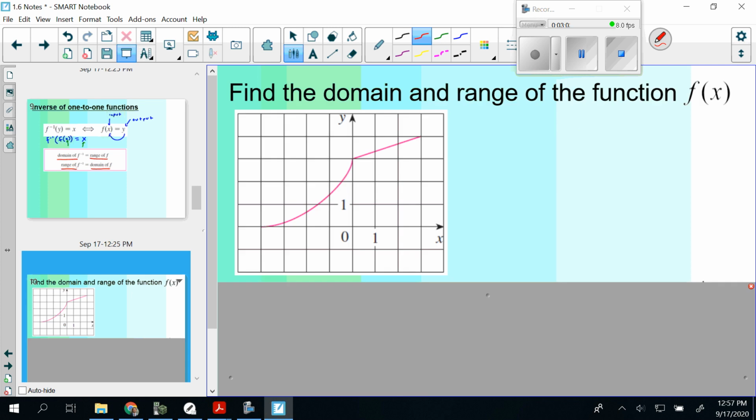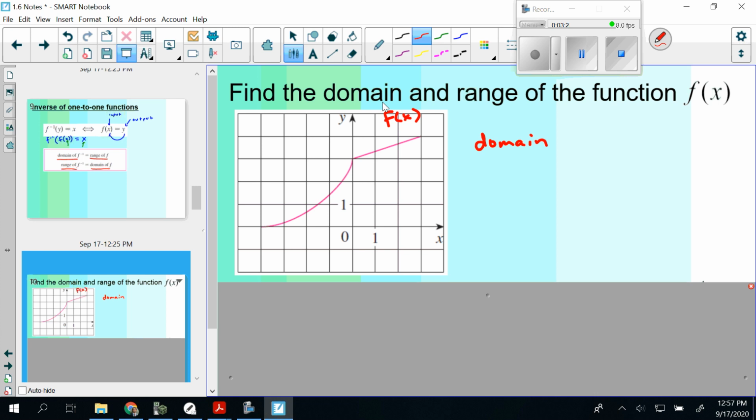Let's do some examples. First, they want us to find the domain and range of this function graph of f of x. This red graph is a picture of f of x. What's the domain and range? Let's start with domain, that's our x values.